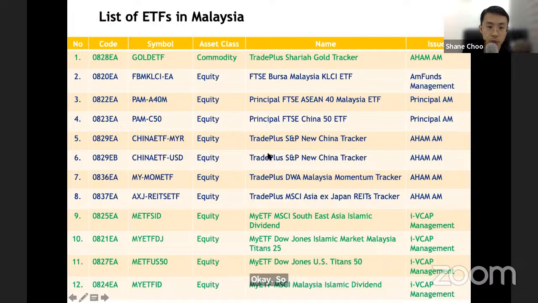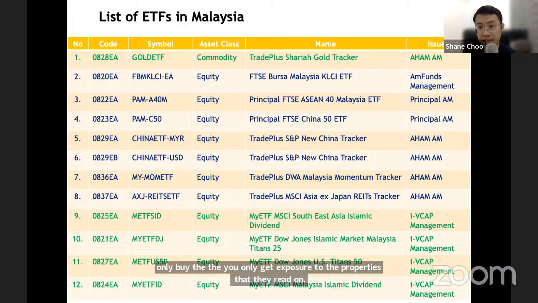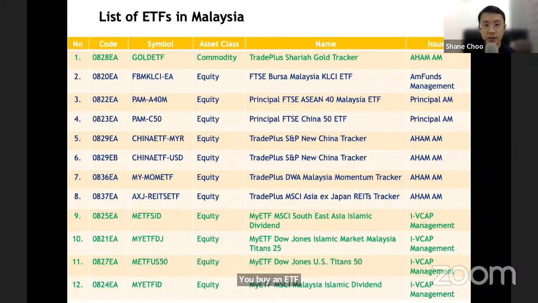So the difference between buying a REIT and an ETF that tracks the REIT is that if you buy a REIT, you only get exposure to the properties that the REIT owns. If you buy an ETF that tracks the REIT, you instantly open up to a lot more of the market, right?